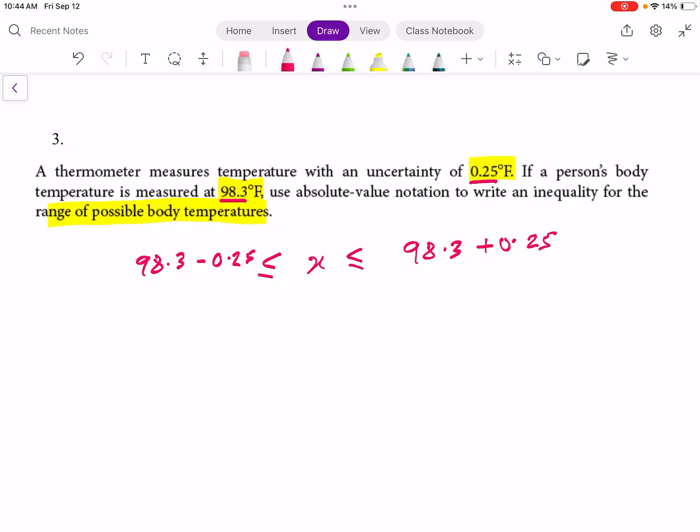And we have to use the absolute value notation. For that we subtract 98.3, so this is 0, this is 0.